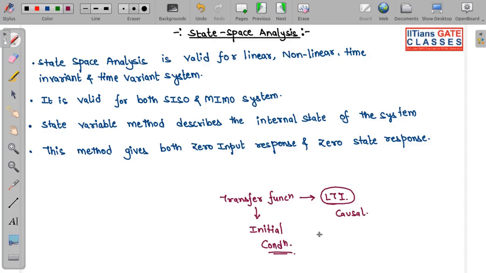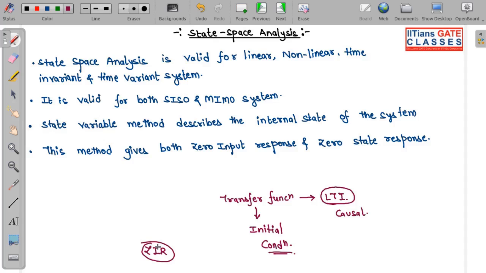So we can never get the zero input response, or the natural response of the system. But with the help of state space analysis, we can get both the zero input response as well as the zero state response.